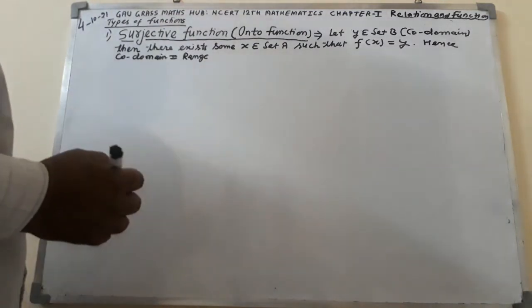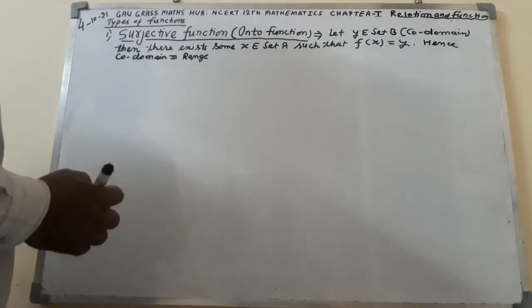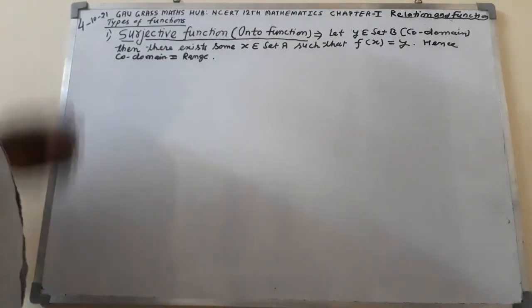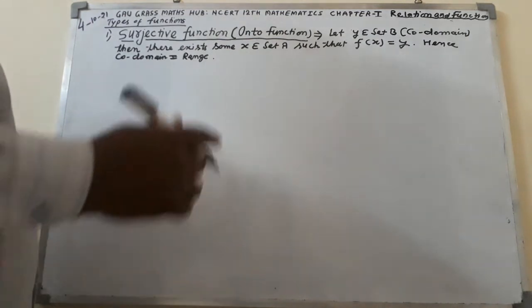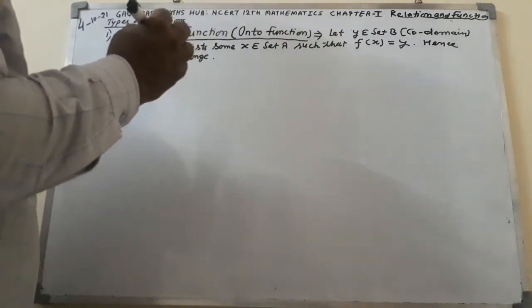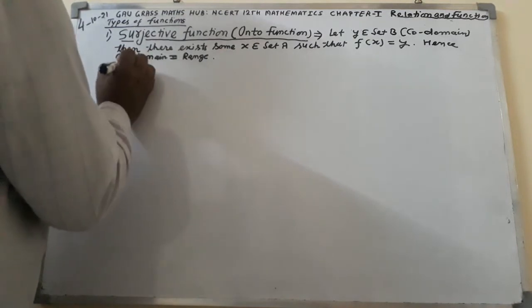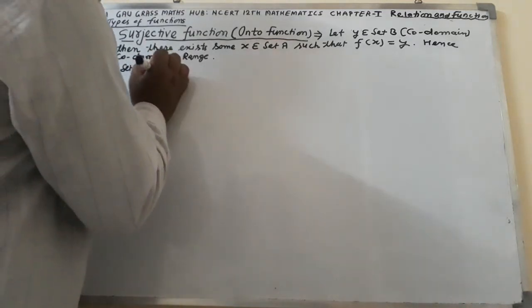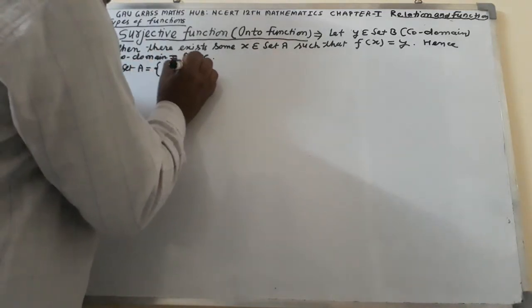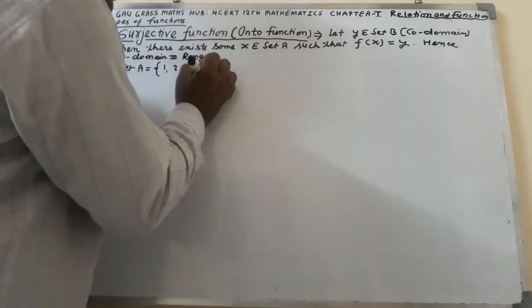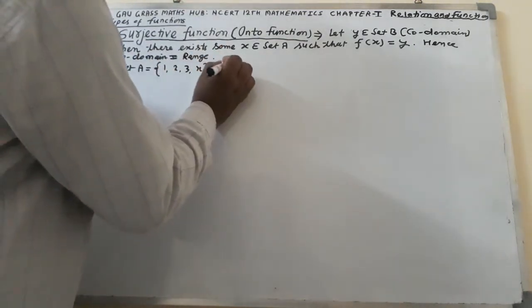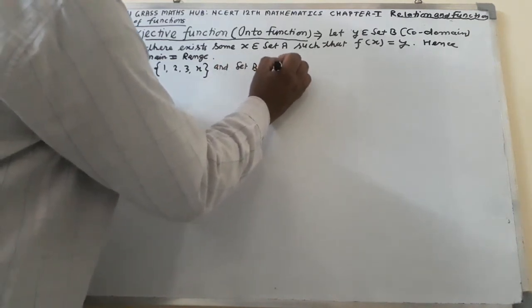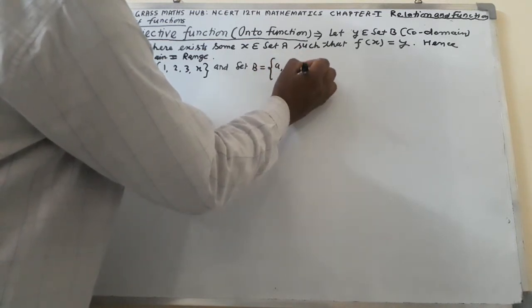Now let us try to understand with the help of a diagram. Let set A have elements 1, 2, 3, x and set B have elements a, b, c, y.